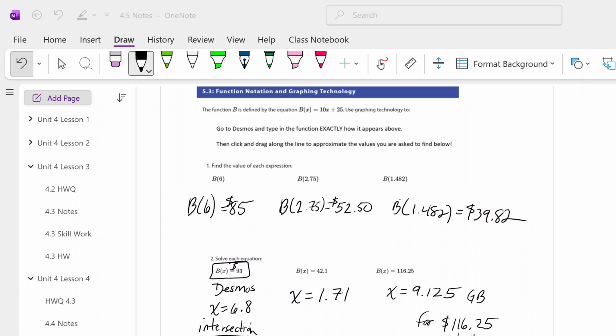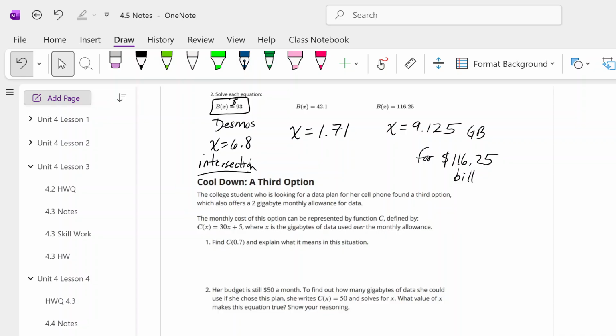Okay, so lastly, let's think of the cool down here. The college student also found a third plan that has the 2 gigabyte allowance. Function C is 30x plus 5. X is still the gigabytes. So we're going to find C with the input 0.7 and explain what that means. Okay, so if C of x is equal to 30x plus 5, then C of 0.7 just means we're going to put 0.7 in for x.